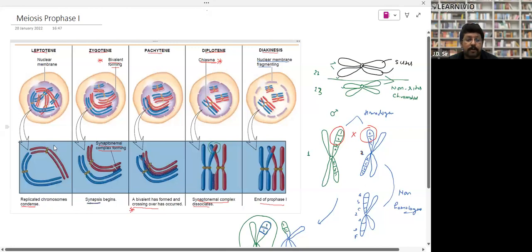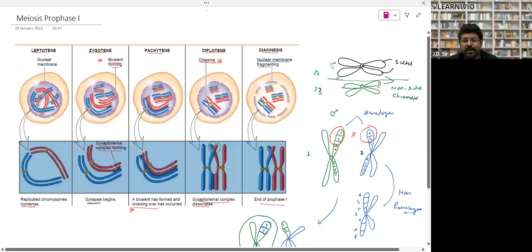In leptotene, you can see this is the chromosome. So the chromosomes condense, they become thick. You can see this blue has two parts and red has two parts. In the same way, this black has two parts and green has two parts. These both arms are called sister chromatids.